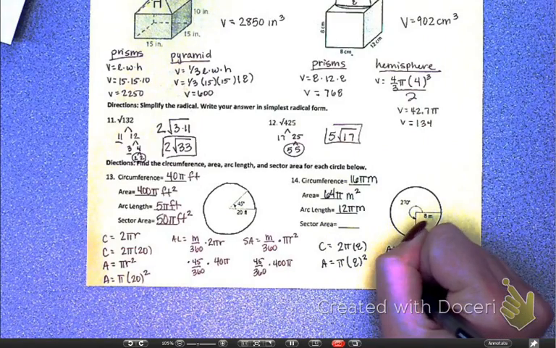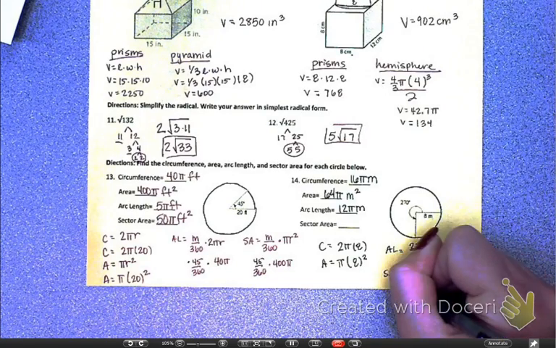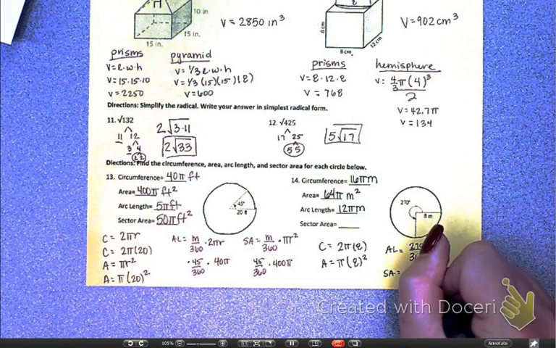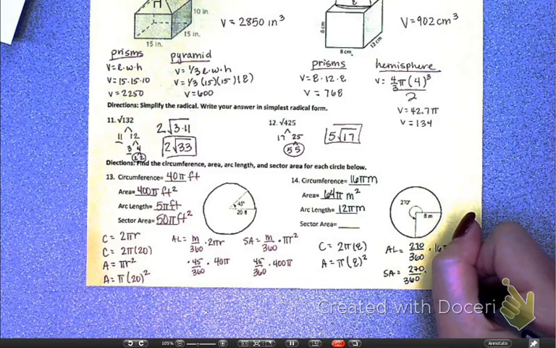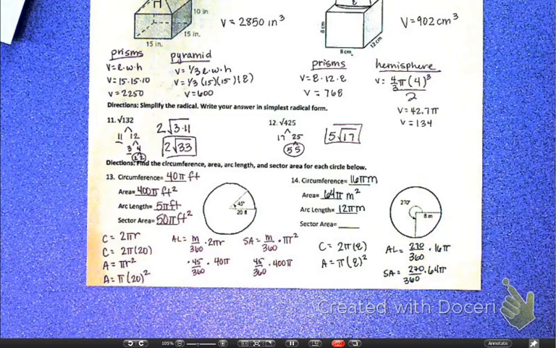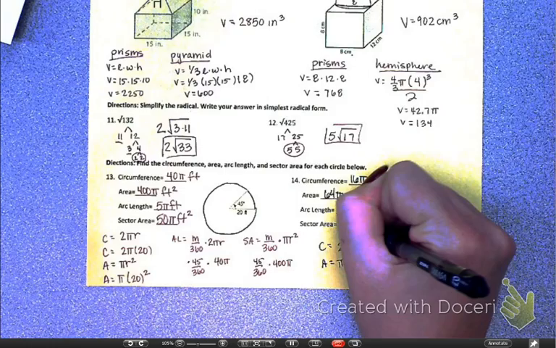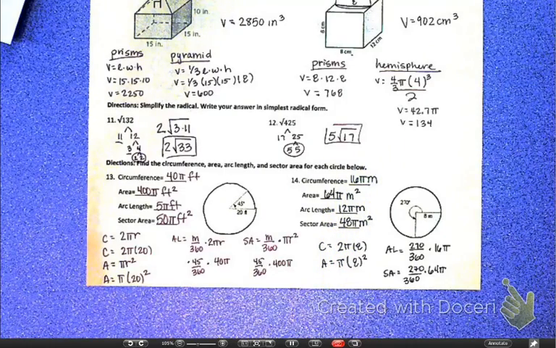And sector area is the 270 over 360 times my area, which is 64 pi. And in your calculator, if you plug that in, you get 48 pi meters squared.